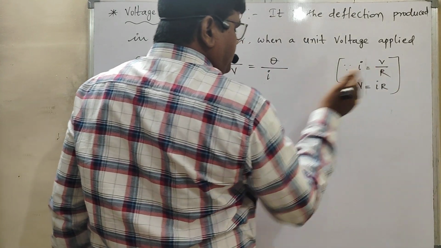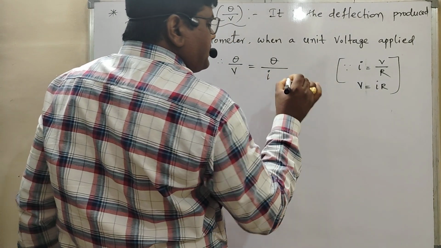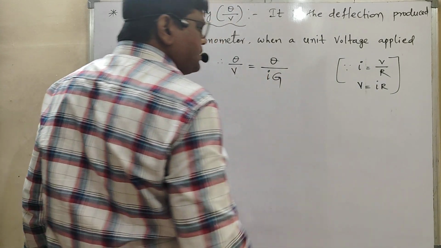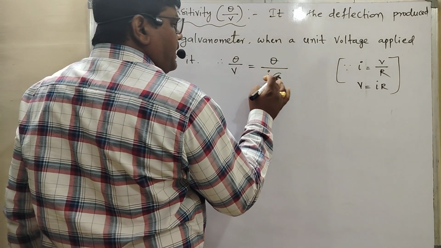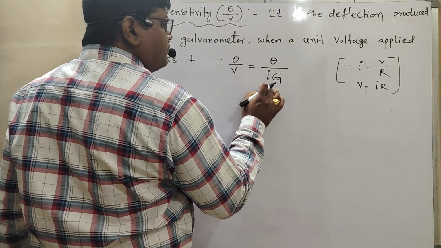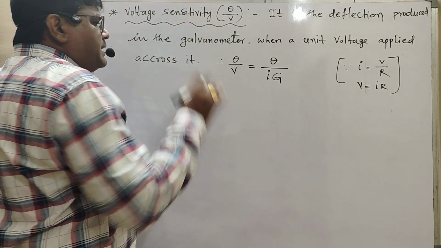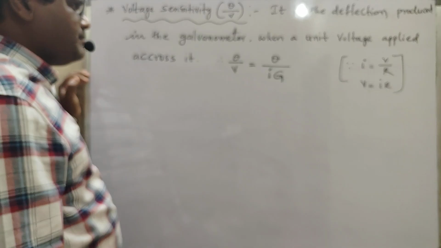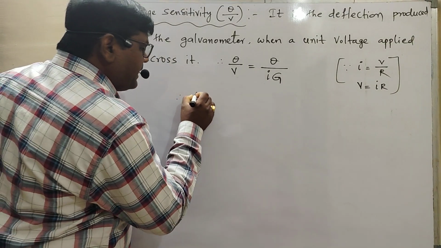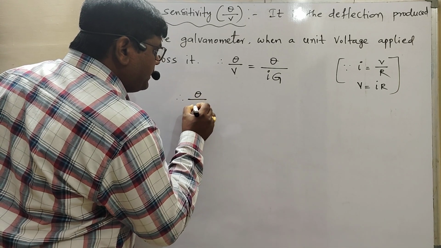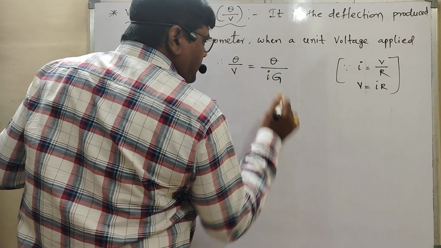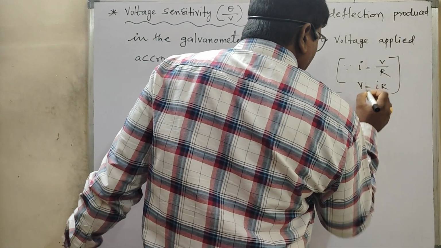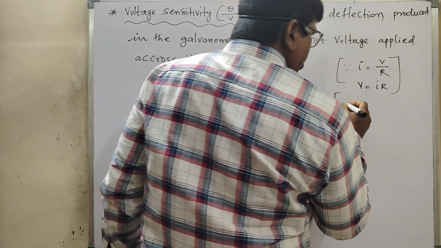In place of R, the resistance of the galvanometer, that is G. Okay. Theta by I G is the voltage sensitivity formula. Of course, this can be written as theta by V is equal to, in place of this, how can we write it? We know theta by I.